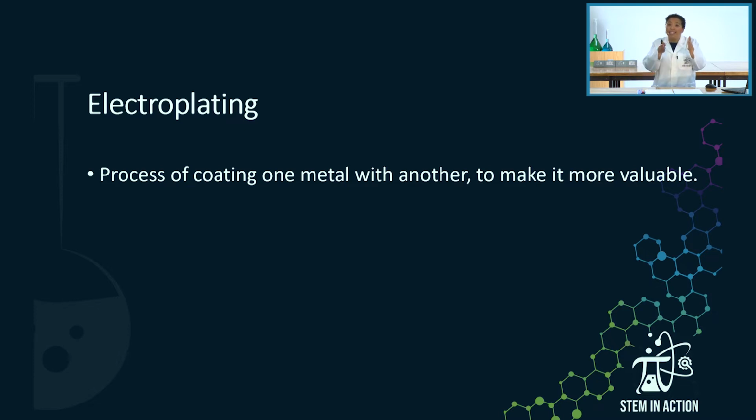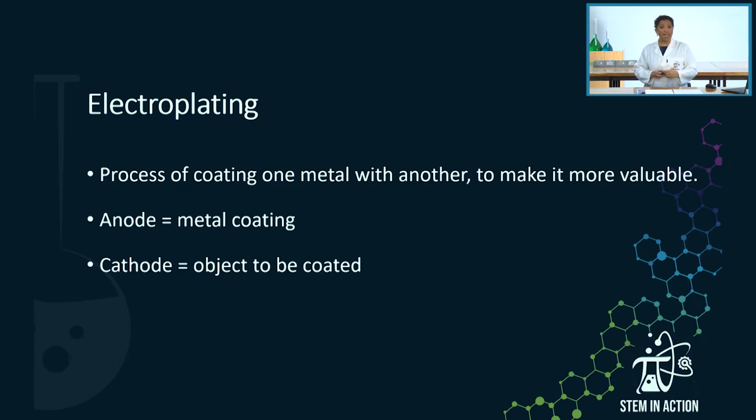Okay, so that is an application of electroplating, where people can make money by taking a cheaper metal and coating it with a more expensive metal. And what do they use? Electrolysis or electrolytic cells. A rule to remember, it helps you in answering these types of questions in your exams, is that the anode electrode is always the electrode which provides the metal for coating.